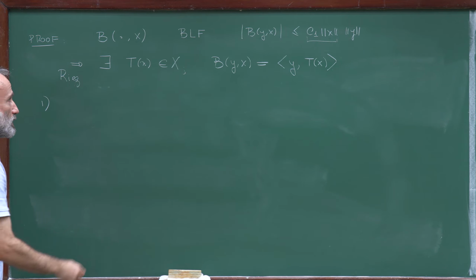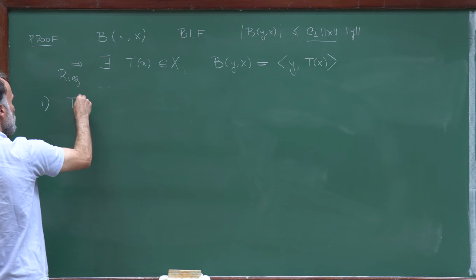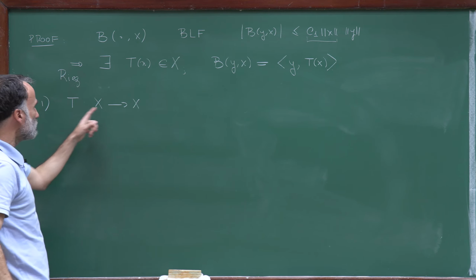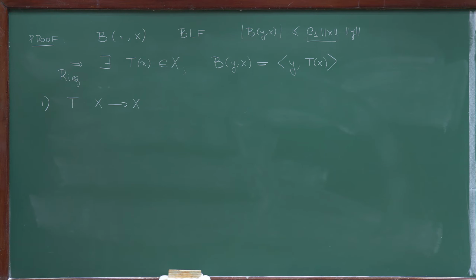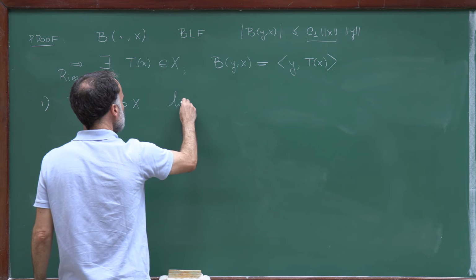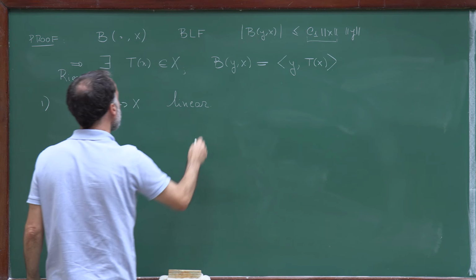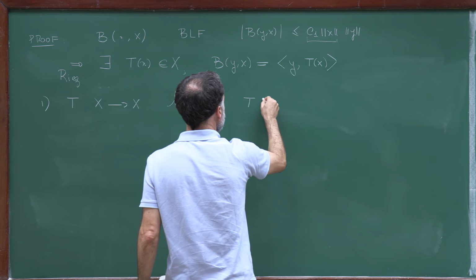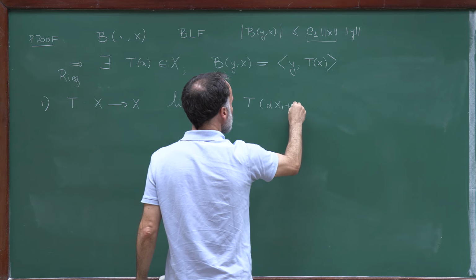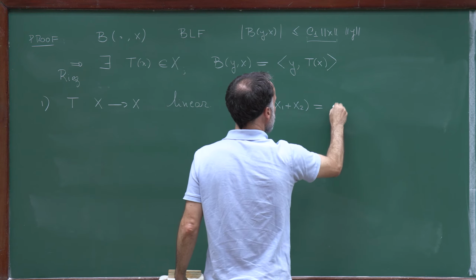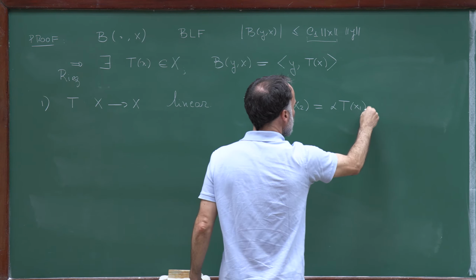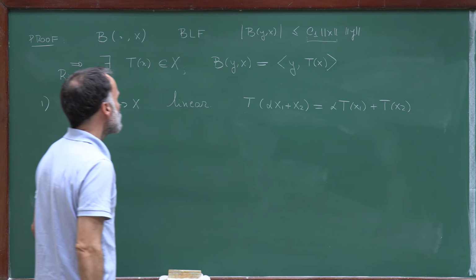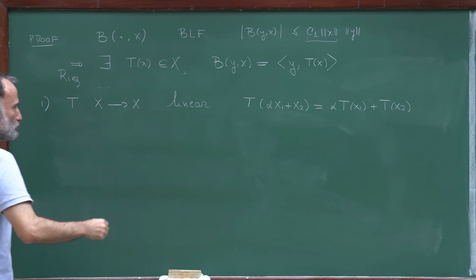So my first claim is that this map T, which is a function from X to X, which for each x gives me a new vector in X, is linear. So I want to show that T of alpha x1 plus x2 is equal to alpha T of x1 plus T of x2. And this is more or less obvious.